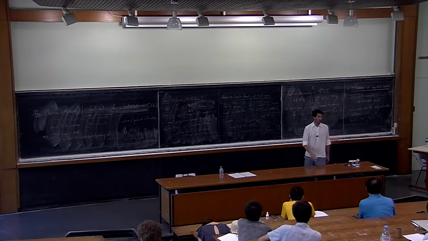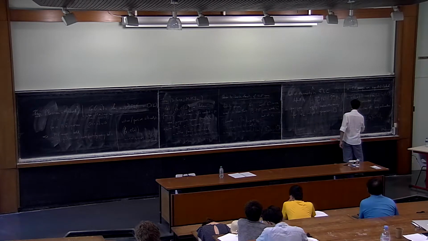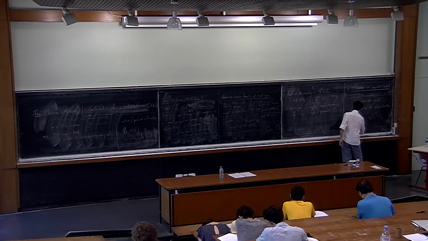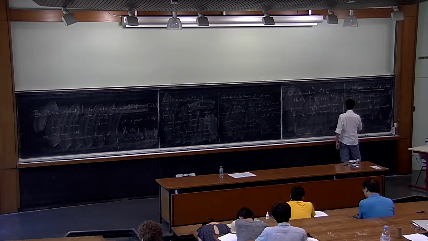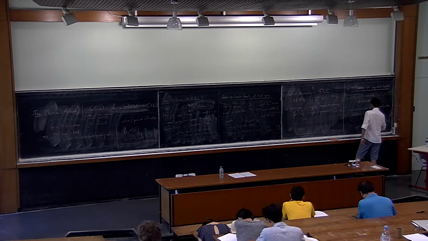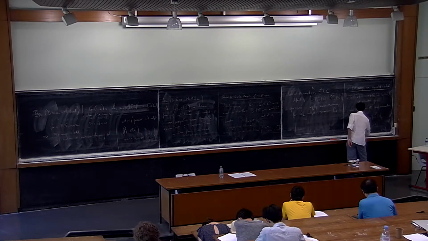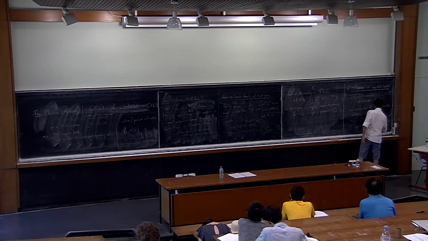And again, you can plug C0 and C1 inside, and get GP of CA, which is GCAP of C0, and the same for C1, GCAP of C1.